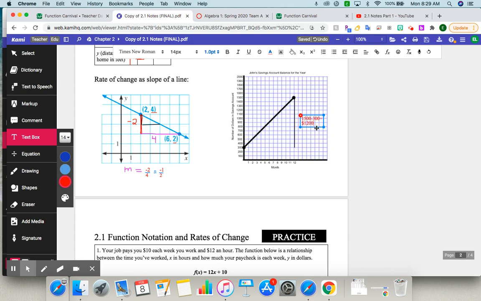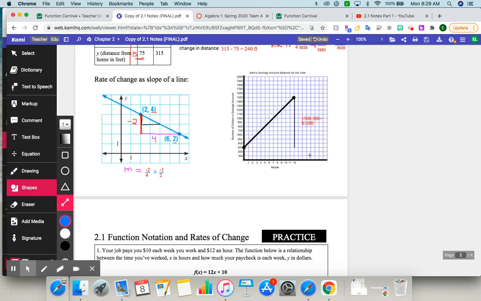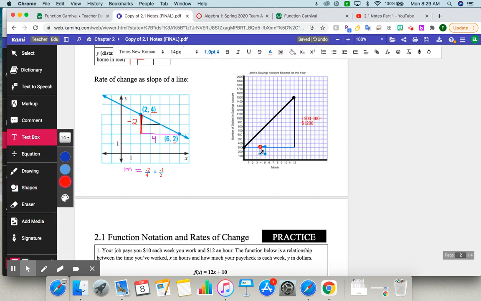So the change in our output is $1,200. And then the change in our input would be the length of this line. And as we can see, that is the difference between 12 and 0. So we have a change of 12 months.